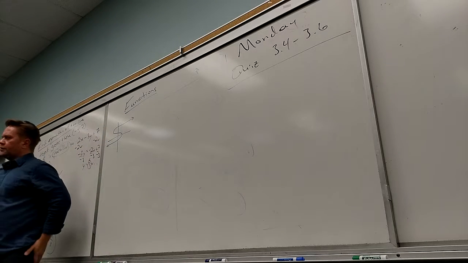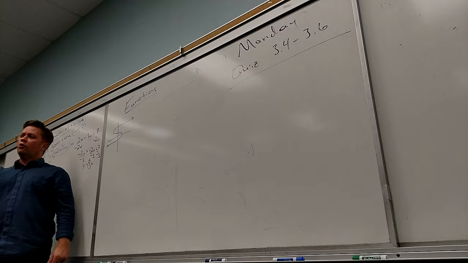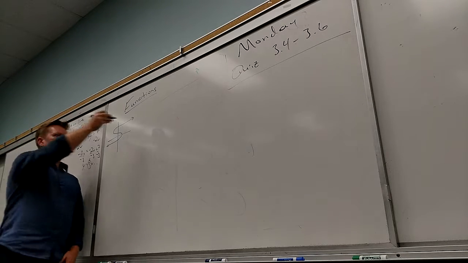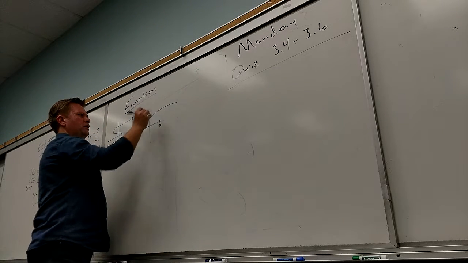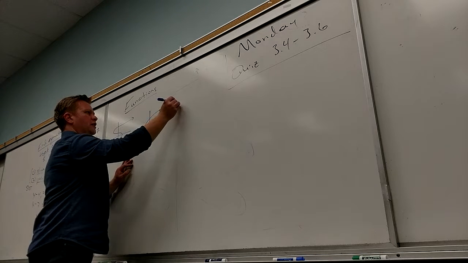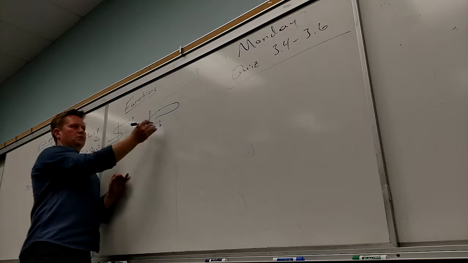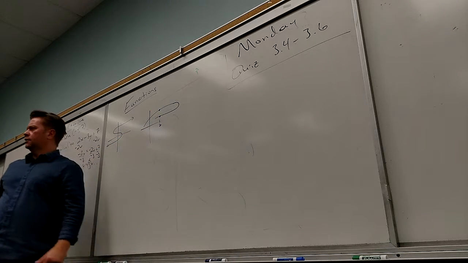One nice way to look at a function is it's got to make physical sense. If I throw a ball and I ask where's that ball 2 seconds later, well, it better be in one place. So if the graph looked like this, where's the ball 2 seconds later? Well, it's there and it's there.